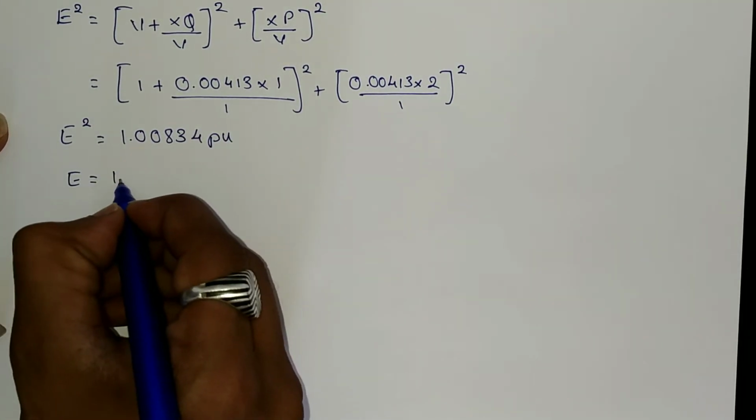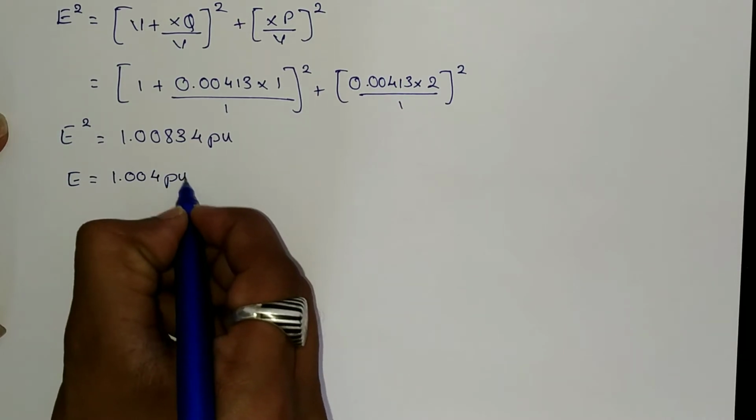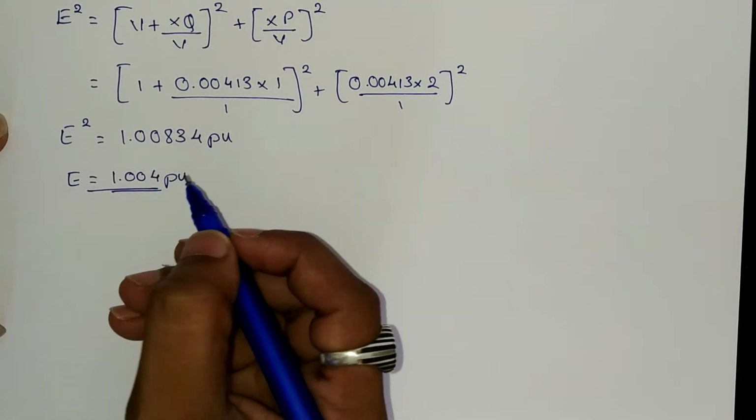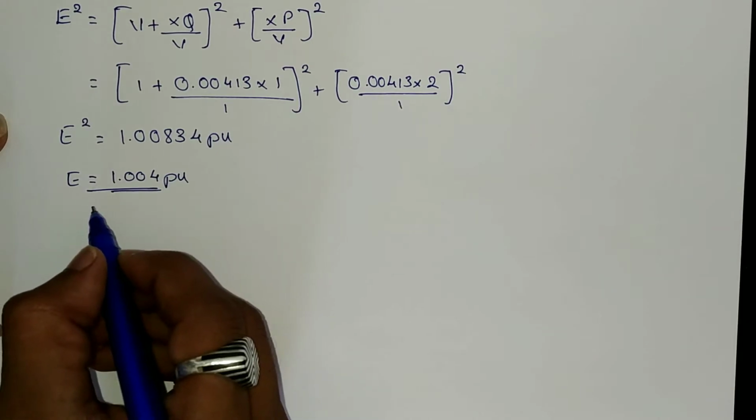Therefore, E is equal to 1.004 per unit. This is the per unit value of E, the sending end voltage.